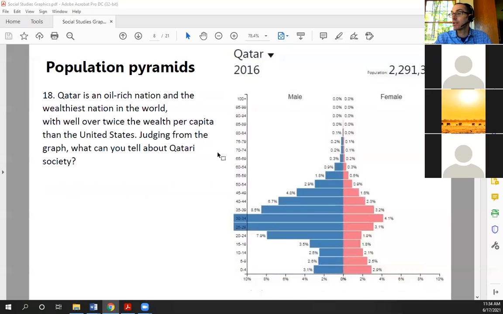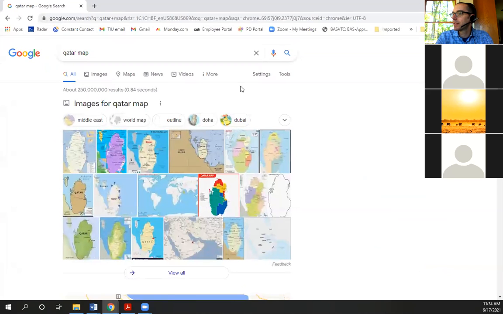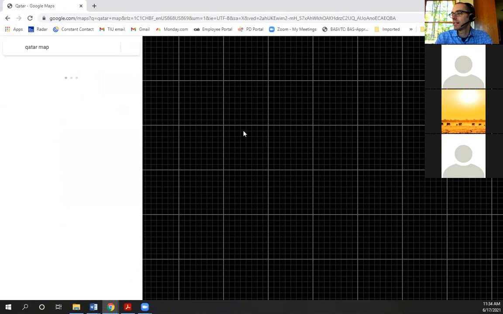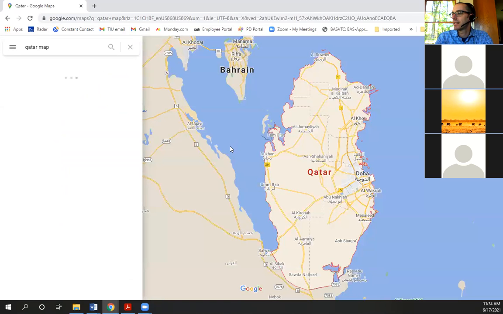Okay. Now here's something crazy. Here's the population pyramid for Qatar. Let's just check this out on a map. Is it Quator or Qatar? You say Qatar. Some people say Qatar, but we thought it was Quator. No, it's Qatar.